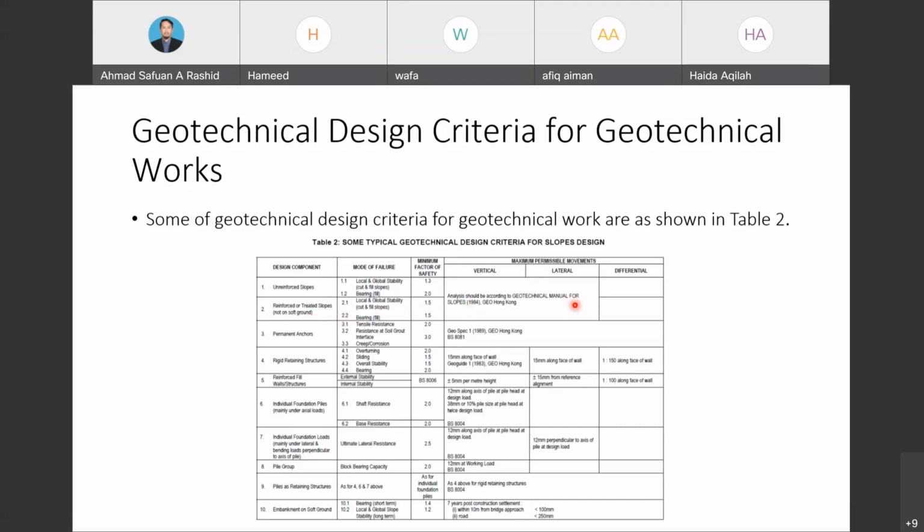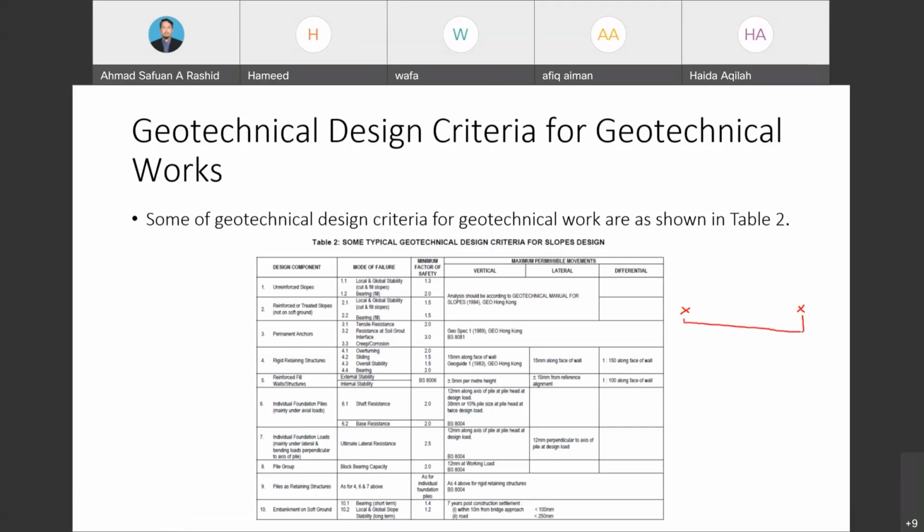It also includes the maximum permissible or allowable movement: vertical, going down, and lateral, going to the left. Differential, for example, is the difference between one point and another point. If we have two points, this is just an example, we need to determine the settlement here and the settlement here.